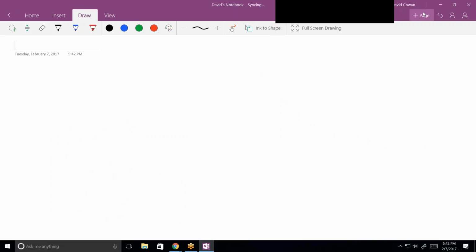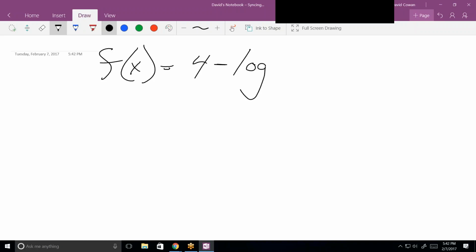My next problem is f of x equals 4 minus log base 10 of (x plus 5). Okay.